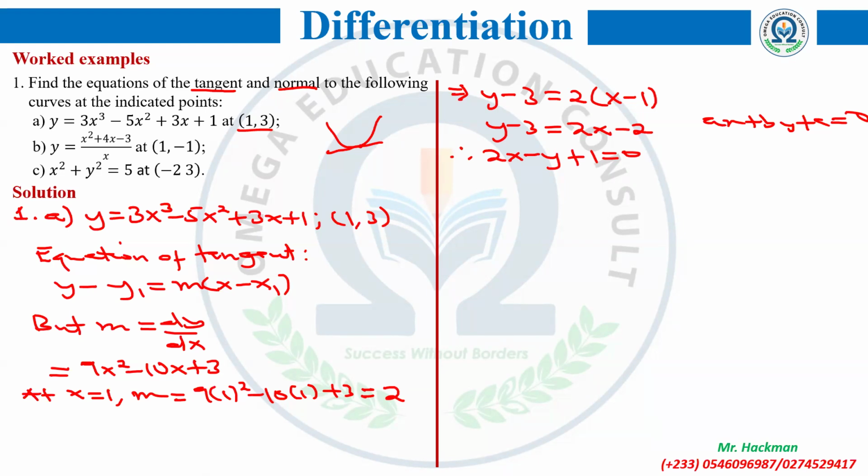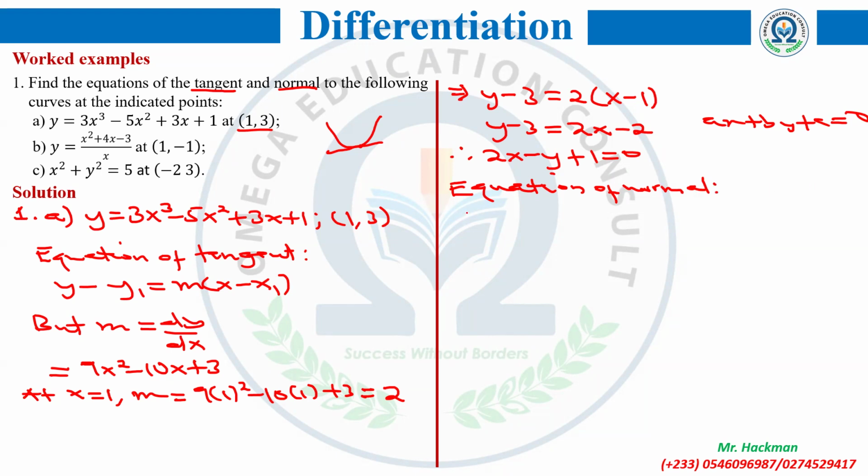So now you come to the next one. Which other line are we looking for its equation? The normal. So if you have space, you continue, otherwise you come down.